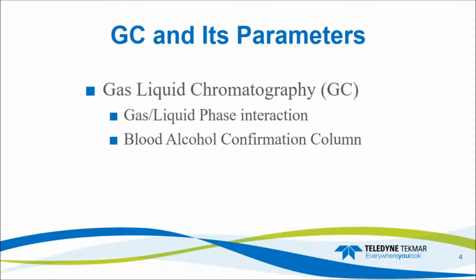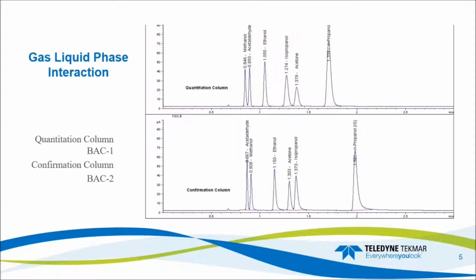One of the best examples of this that I could find is the blood alcohol confirmation column. As we can see here in this slide, the methanol peak actually moves past the acetaldehyde peak, and the acetaldehyde peak moves in. The same switch occurs with isopropanol and acetone. Again, just showing that the liquid phase can have some aid in your chromatography.